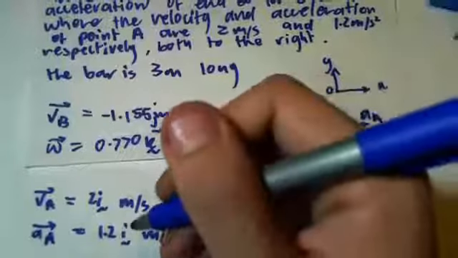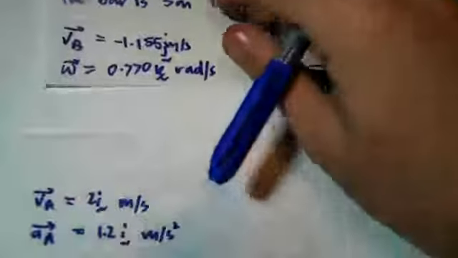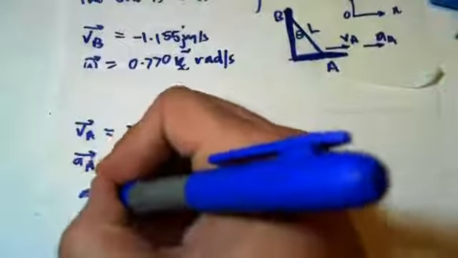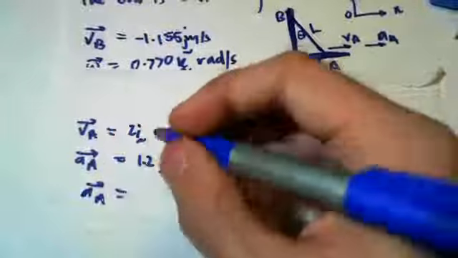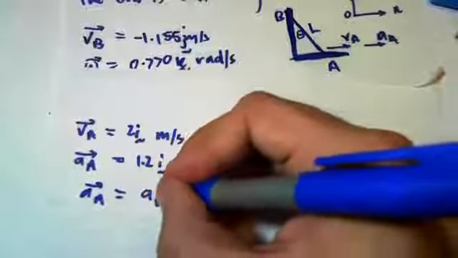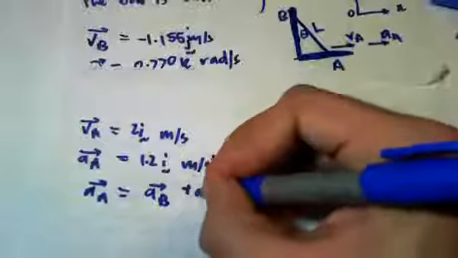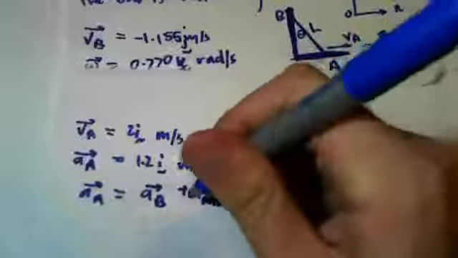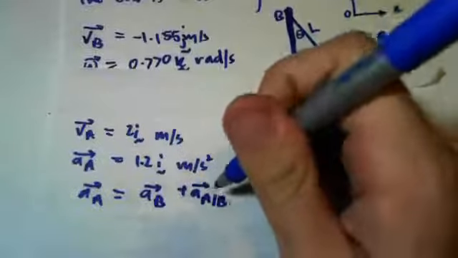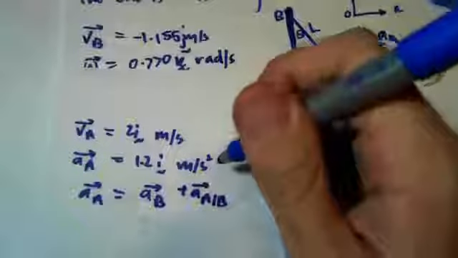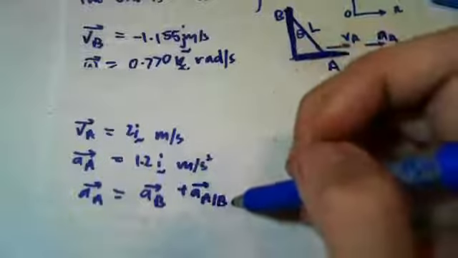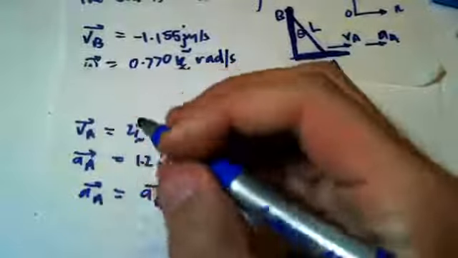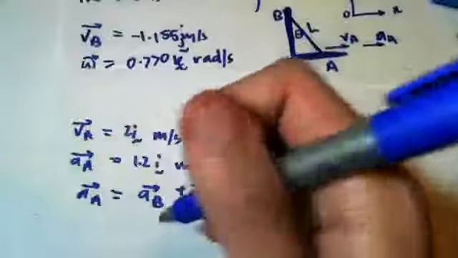We can then go ahead and write our relative acceleration equation like so in terms of the acceleration of A, which is the general way to do it. Now we note that the acceleration of B with respect to A is the negative of this vector. So if we add the negative of this vector to both sides, then we end up getting our acceleration of B, which is what we're looking for.